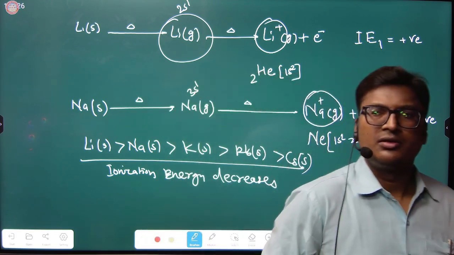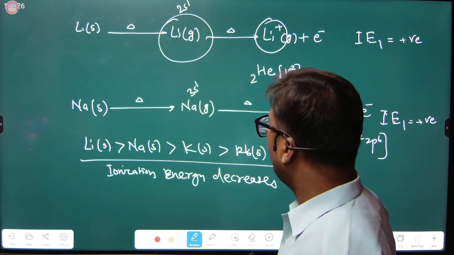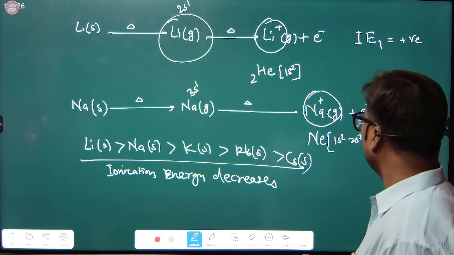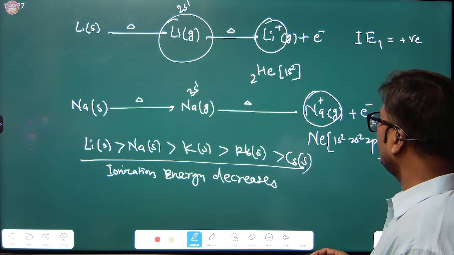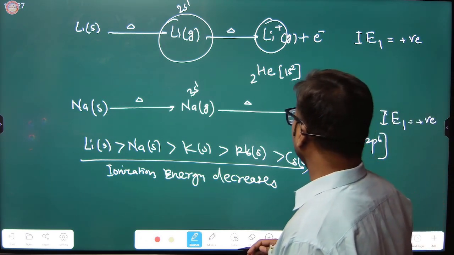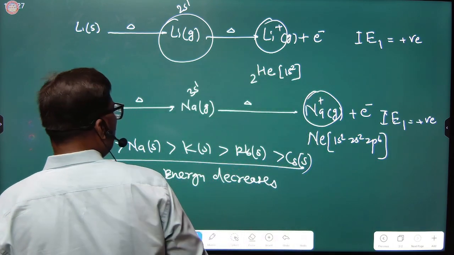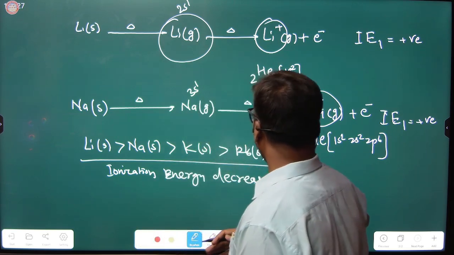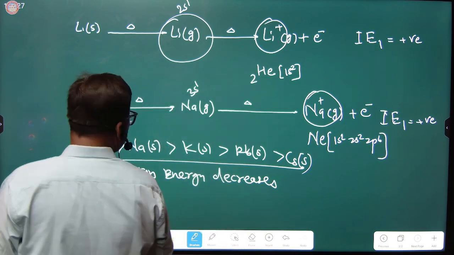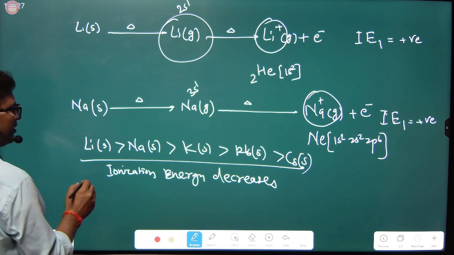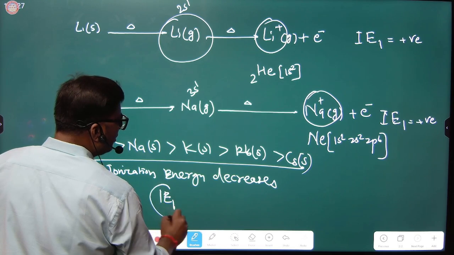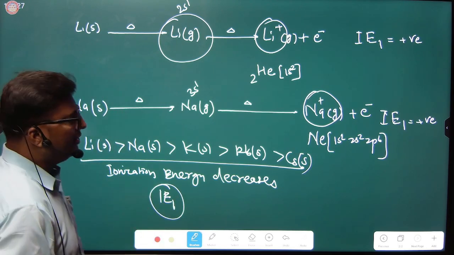Because of the increased distance between the positive charge nucleus and the outermost s orbital electron, that is the valence electron. Okay, so this is the trend for the alkali metals in terms of ionization energy. This is only for the first ionization energy, you can say IE1, right? So first ionization energy decreases.